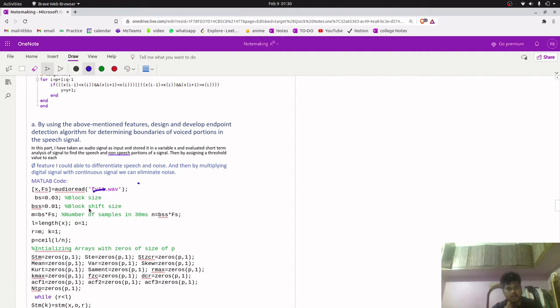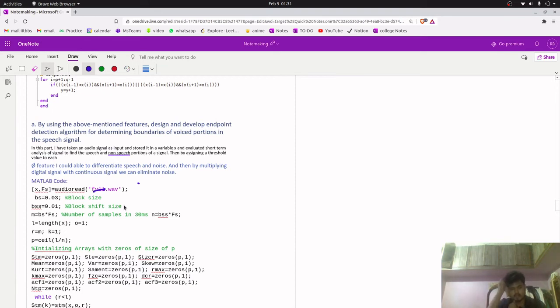I have taken a block size of 0.03, that is 30 milliseconds, and similarly a block shift of 10 milliseconds, and I have taken the number of samples as block size into sampling frequency. Similarly, n as block shift into sampling frequency.